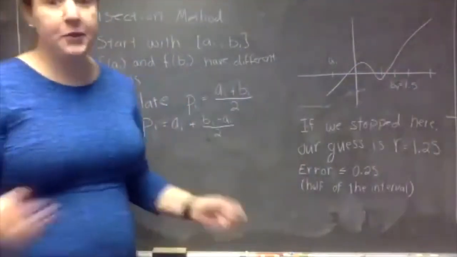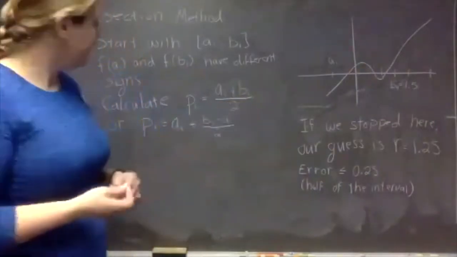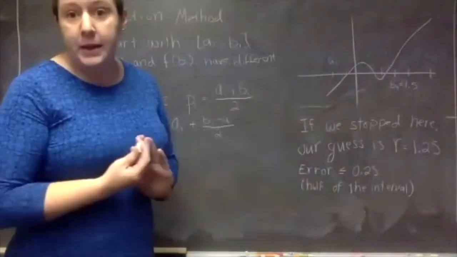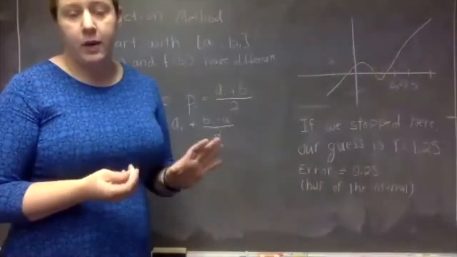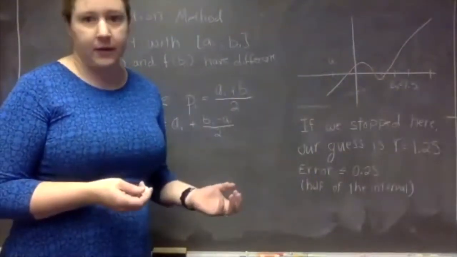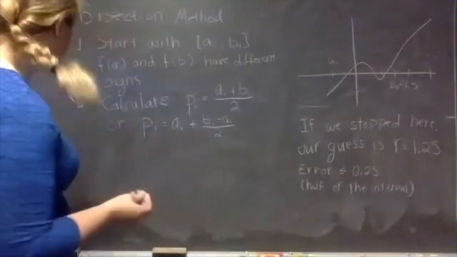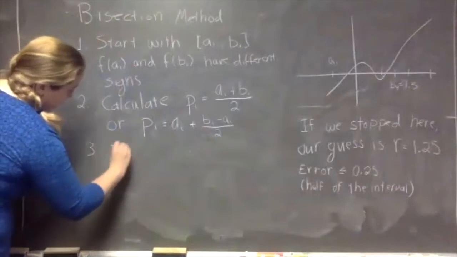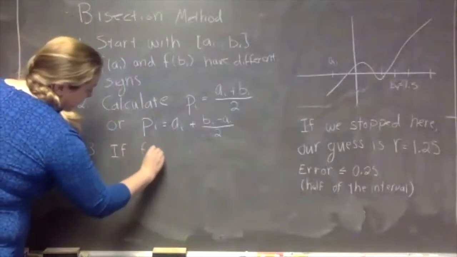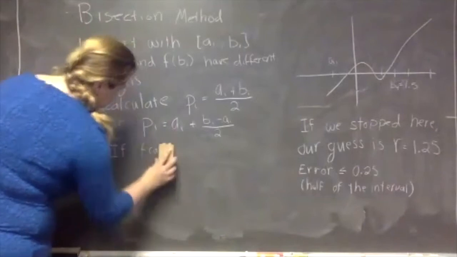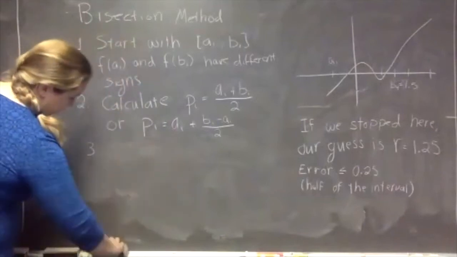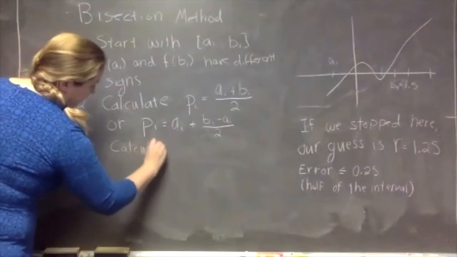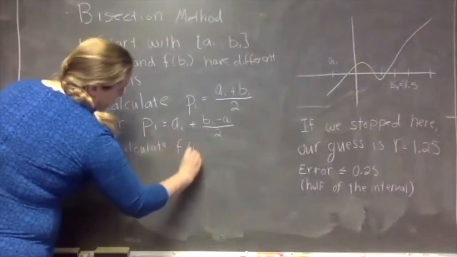Okay, step 2, calculate the midpoint. Step 3, remember we reassigned either A or B depending on whether the midpoint had the same sign of f of A or as f of B. So step 3 is actually, this is important, calculate f of pi.